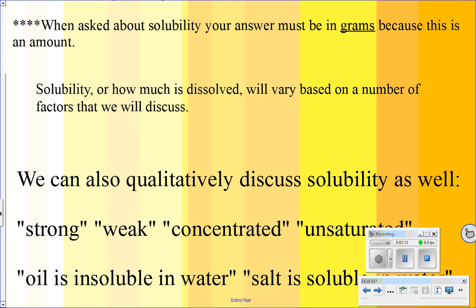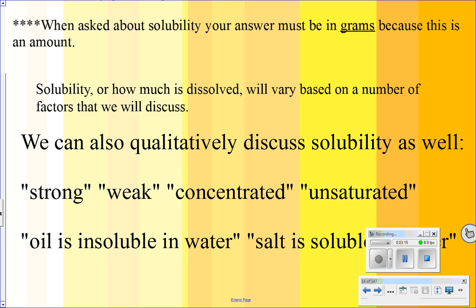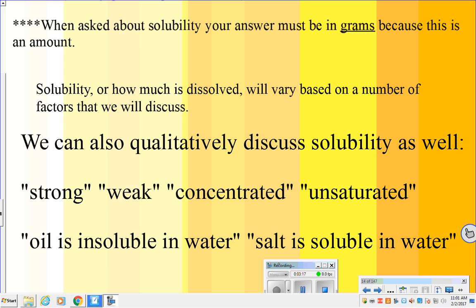We can also talk about solubility qualitatively. When classifying solutions, you might hear terms like strong, weak or concentrated. Those terms tend to be more qualitative. Even unsaturated is sometimes a very qualitative way to talk about a solution.